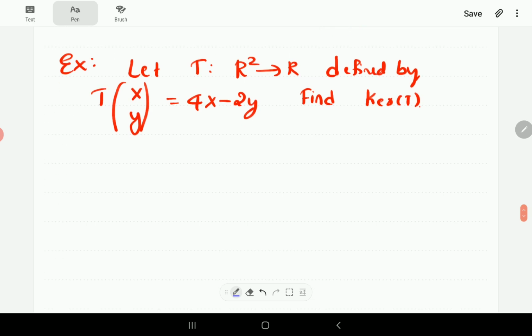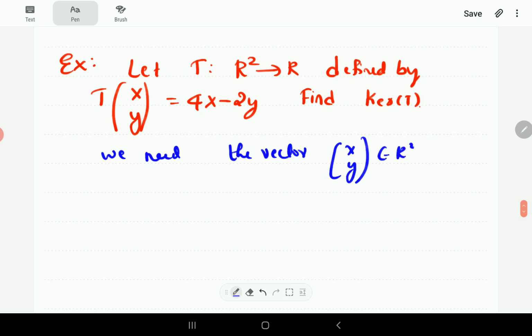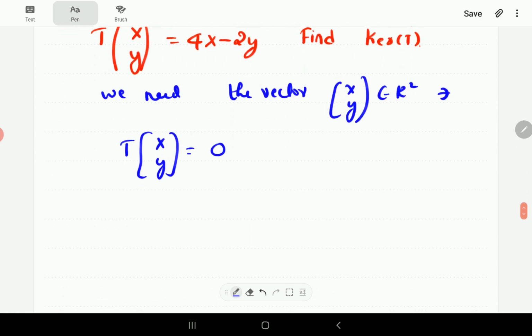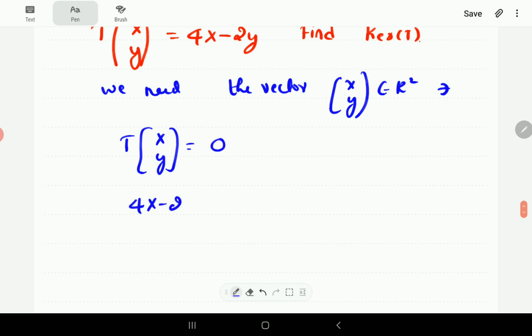Here our function is defined from R2 to R. So we need the vector x, y belongs to R2 such that t of x, y is equal to 0, right? So that's how it is defined. So what is our t of x, y defined as? It is 4x minus 2y equal to 0. That's how it is defined.